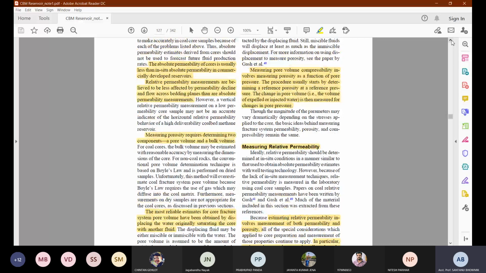Now miscible and immiscible: an immiscible fluid is one which is not going to dissolve properly into the other phase, like oil and water. Whereas water and, suppose, alcohol are miscible fluids. So in the case of miscible fluid, it is very easy, whatever displacement is taking place, you measure that.